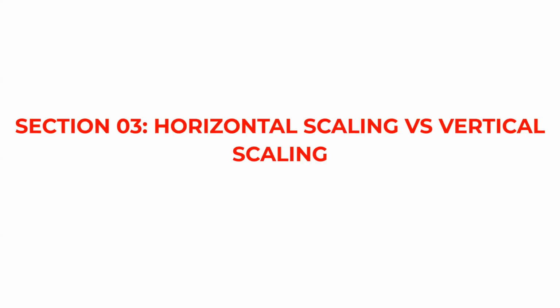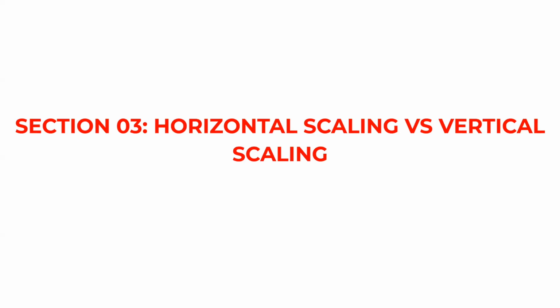So let's talk about section 3, which is horizontal scaling versus vertical scaling. I told you that there are two types of scaling. Whenever you hear scaling Facebook adverts, I'm guaranteeing you that these are the only two types of scaling you are going to see. However, with these two types, you can do a lot of magic, okay? You just need to know how to do it.